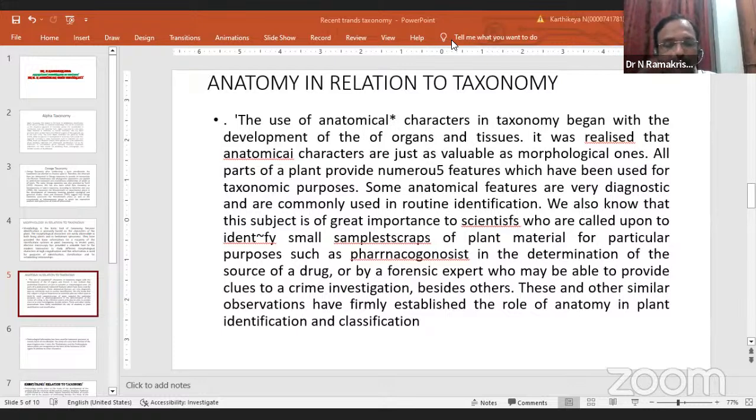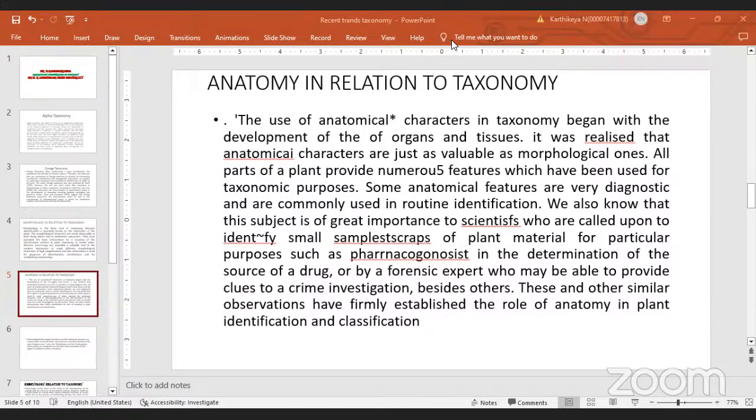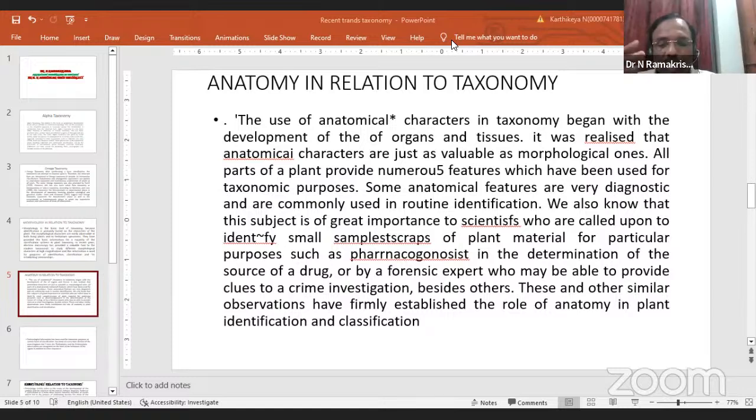When you look at that tree, what happens? It produces some special type of chemicals, like latex. Calotropis gigantea, Jilledu. So different types of flavonoids, alkaloids, amino acids, fatty acids, aromatic compounds, and many saccharides.